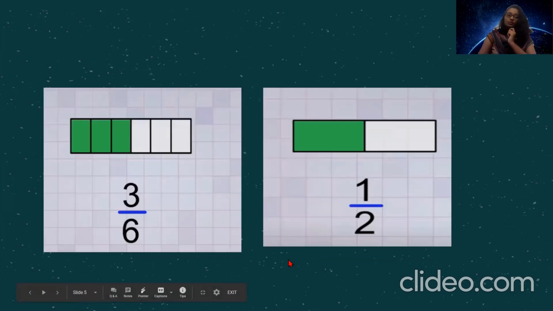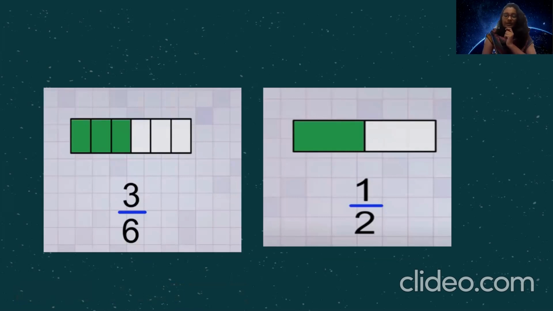Now if you see the first diagram and the second diagram, both are the same chocolate bar. In the chocolate bar I have divided into 6 parts, and out of the 6 parts I took 3 parts. In the second chocolate bar, I divided into 2 parts and I took 1 part.